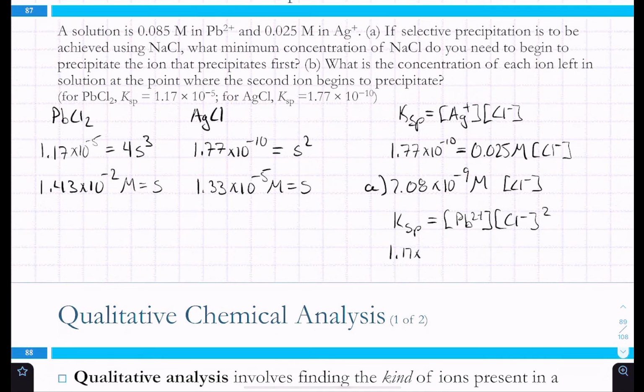So 1.17 times 10 to the minus 5 equals 0.085 times whatever Cl minus is going to be squared.